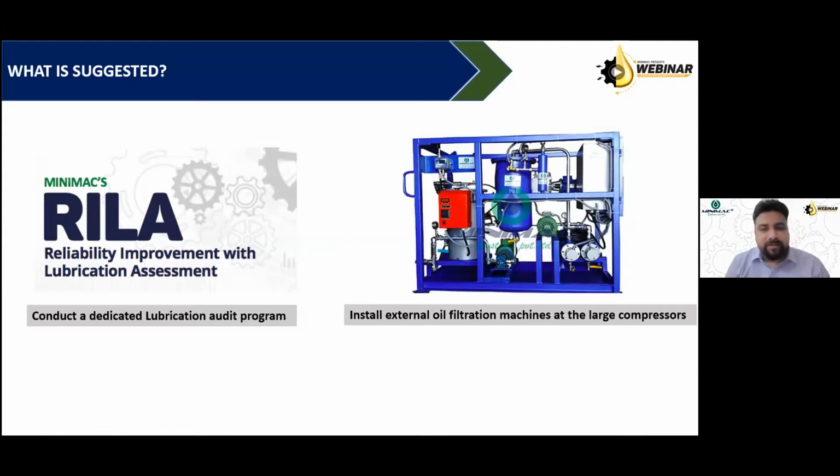Once you have removed that service provider, the same situation will happen again. So here I want to stress one fact: if the compressor is important and critical for your plant, if a shutdown can't be tolerated, and if you can't compromise on any breakdown of the compressor, then you must go for external purification for the compressor oil.